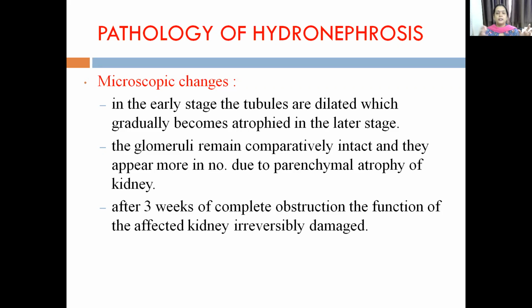Because of that, the glomeruli, which are comparatively intact, will appear more in number due to parenchymal atrophy. That means that because of tubular atrophy, they appear to be normal and even more in number. After 3 weeks of complete obstruction, the function of the affected kidney will be irreversibly damaged. So within the 3 weeks, you have to take action.